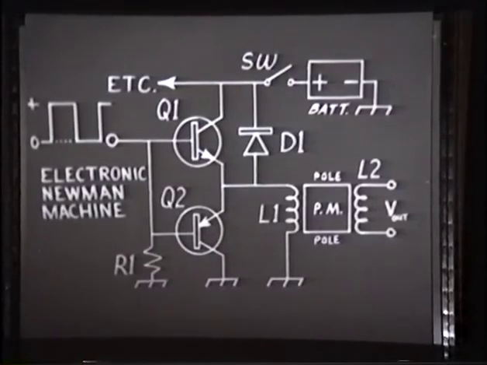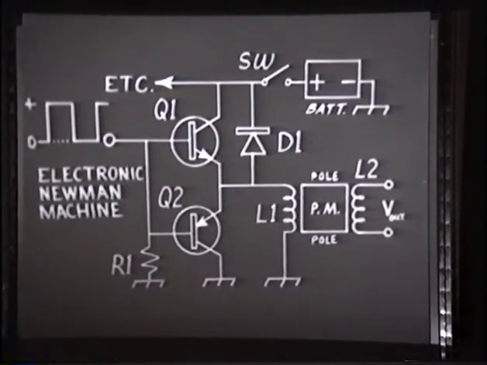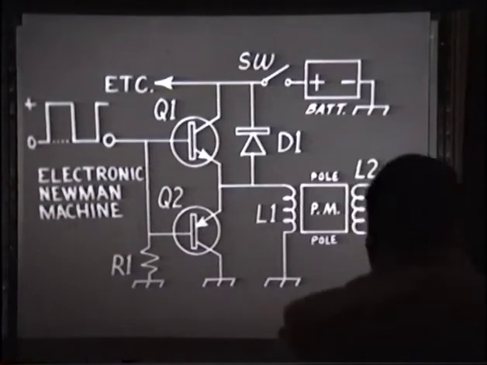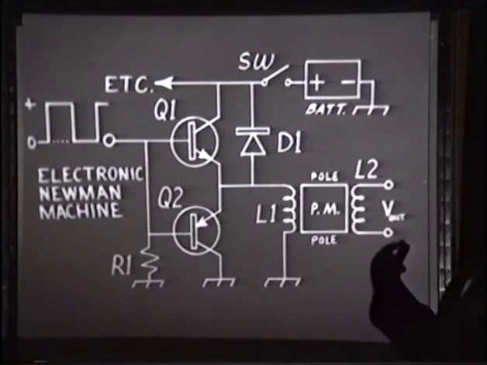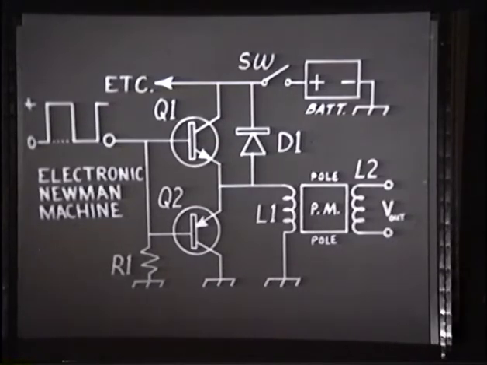Everything. Okay. Basically, you notice I'm showing inductors with a fixed magnet. This one is not rotating. Now, in an actual Newman machine where they have the rotating permanent magnet, the rotation of the permanent magnet contributes, as my experiments demonstrated, to voltage regulation.